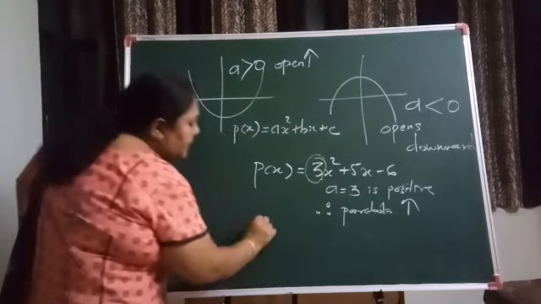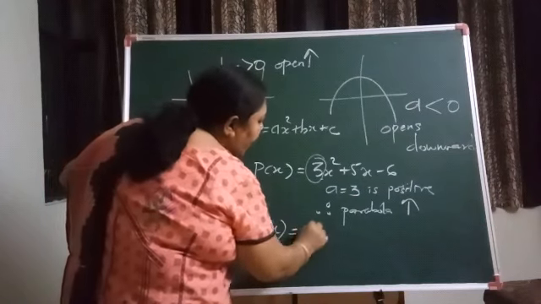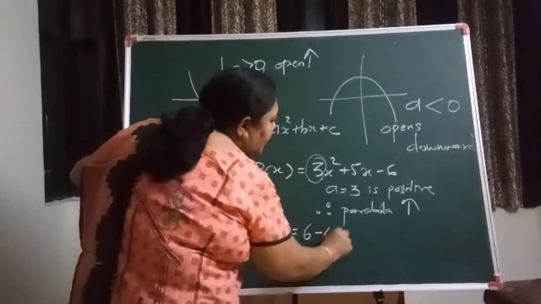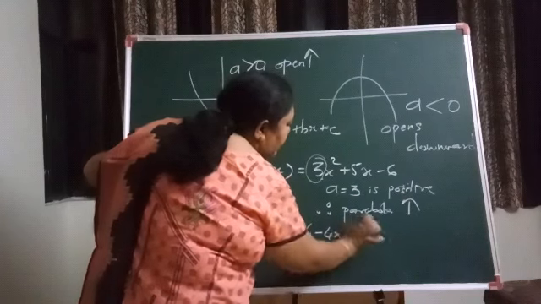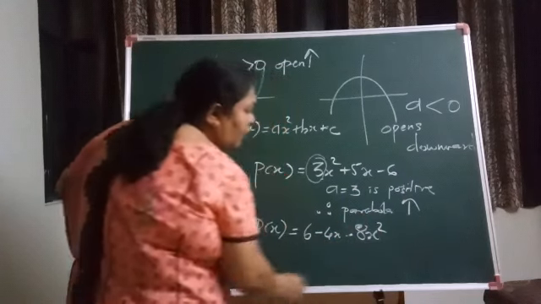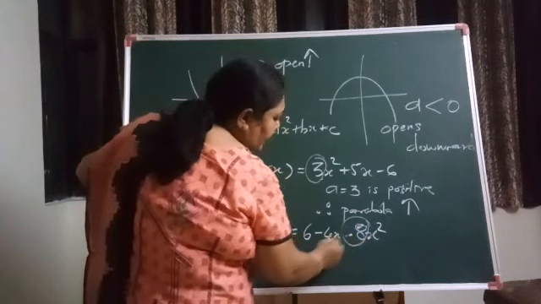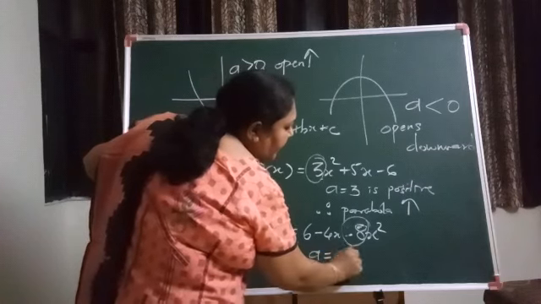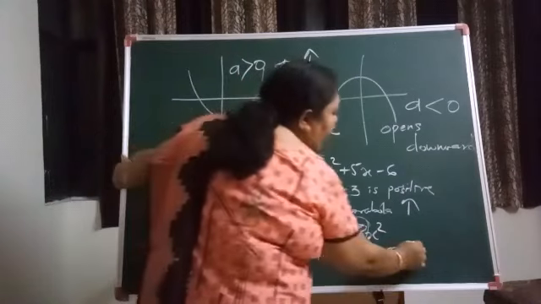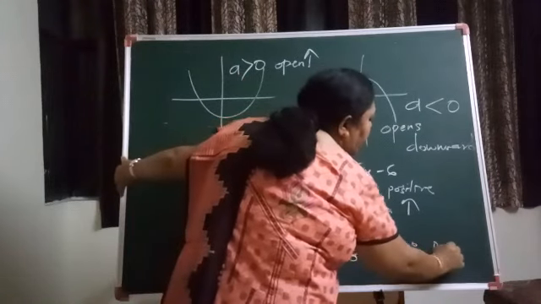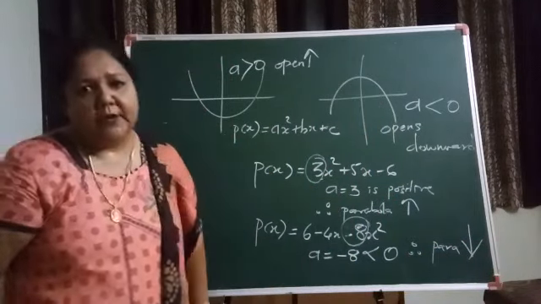But suppose you have p of x is equal to 6 minus 4x minus 8x square. What is the coefficient of the x square term? It is minus 8, which is less than 0, and therefore the parabola is a downward opening parabola.